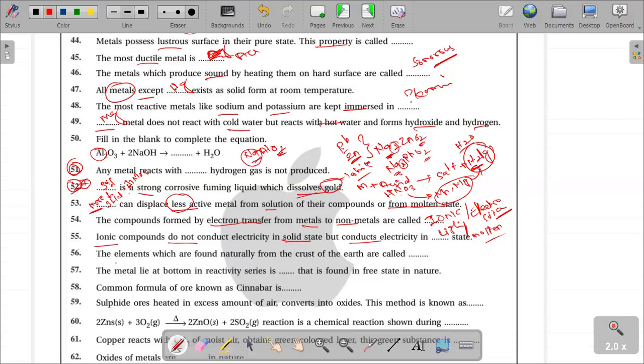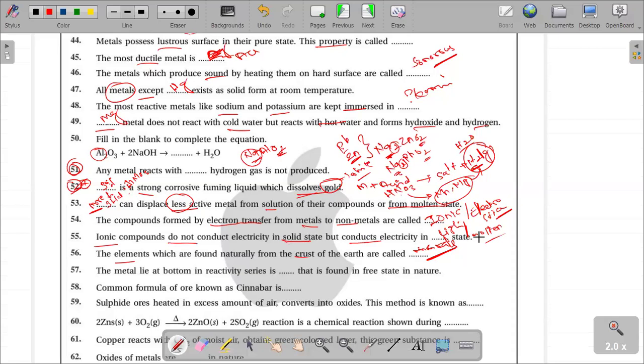And next, the elements which are found naturally in the earth's crust are called minerals. Anything you can take from the earth's crust is called a mineral. In a particular mineral, if a profitable substance is present, then we call it an ore. The sand you are taking is a mineral of silicon, SiO2.